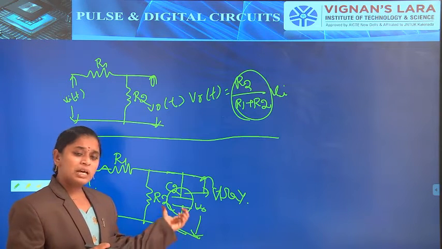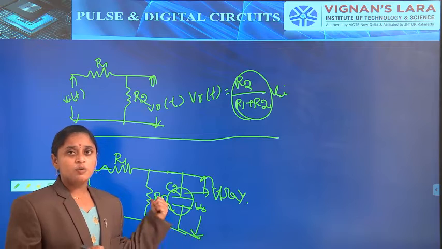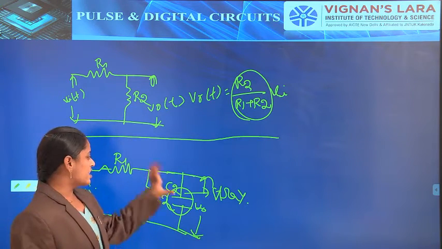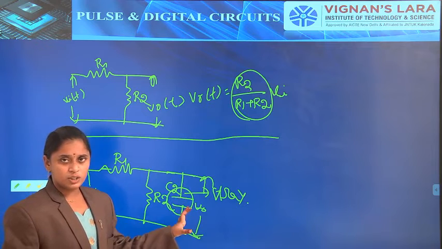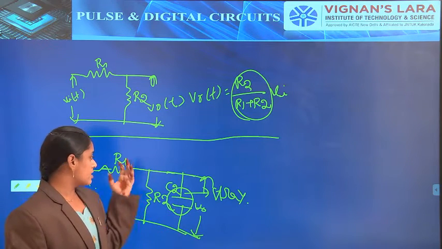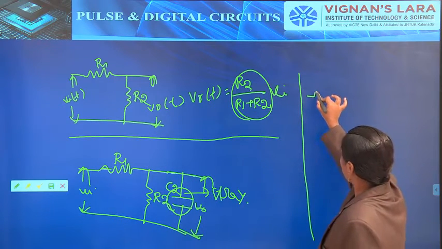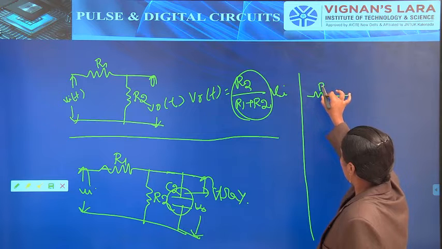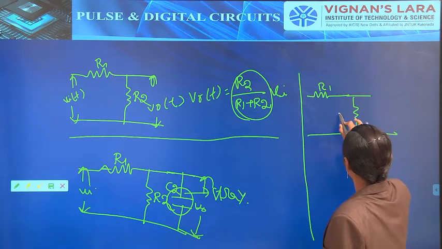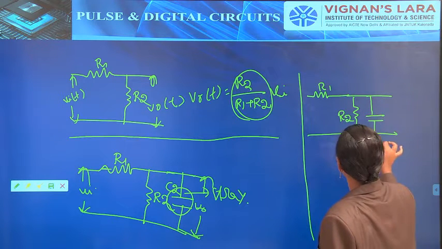This problem can be overcome by using an extra capacitor which is added across R1. It compensates for the distortions occurring at C2, and eliminates them. The circuit will be like this: R1 and R2, and this is C2.